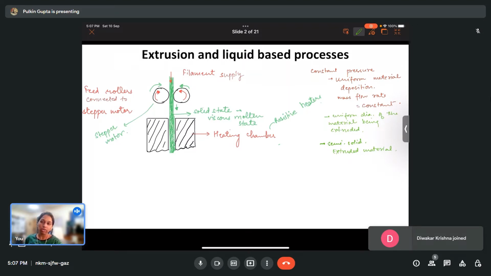Why a semi-solid state? Because if it is too liquid, it will just flow away and will not retain its shape.